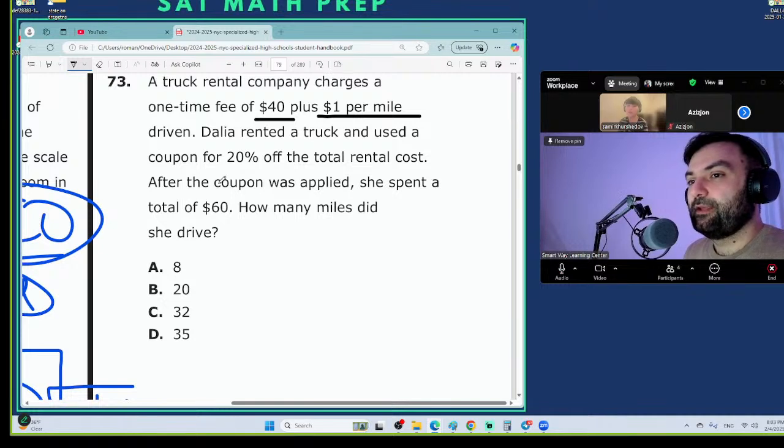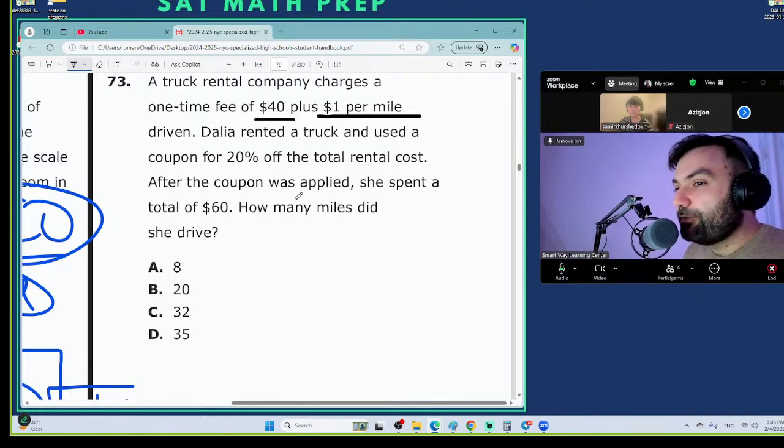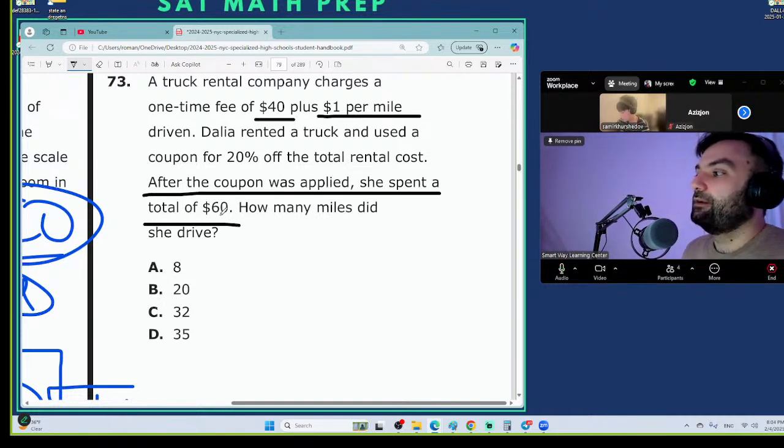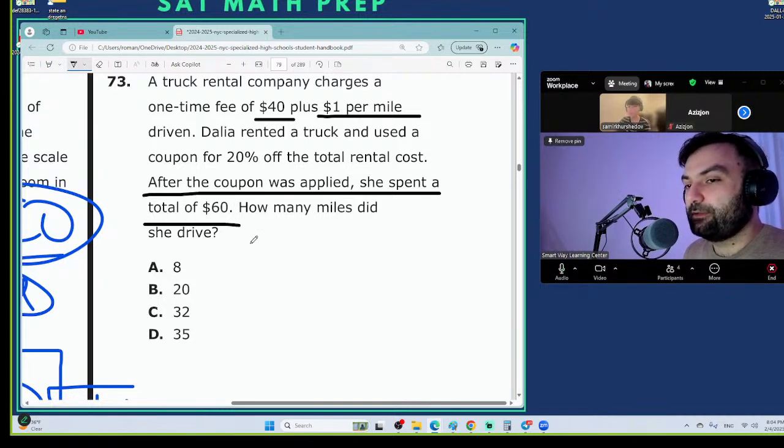So the hardest part of this question is that after the coupon was applied, she spent 60. So we need to find out how much she spent before the coupon. How do we do it?